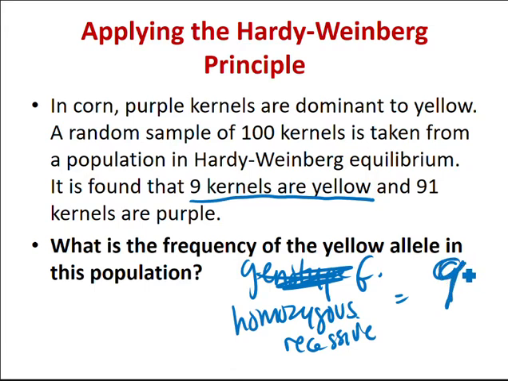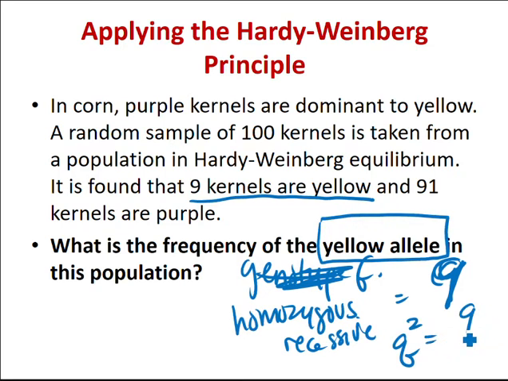Okay, 9. We're not talking about the allele, but the question wants the yellow allele. So Q squared would be 9, the number of homozygous recessive, over the number of samples in that population, which is 9 over 100.